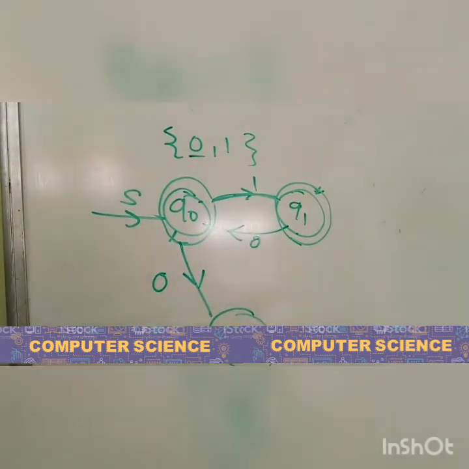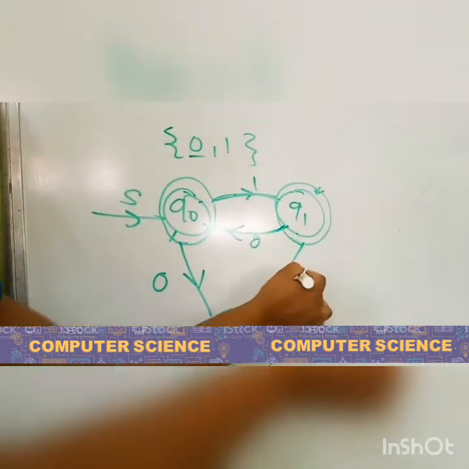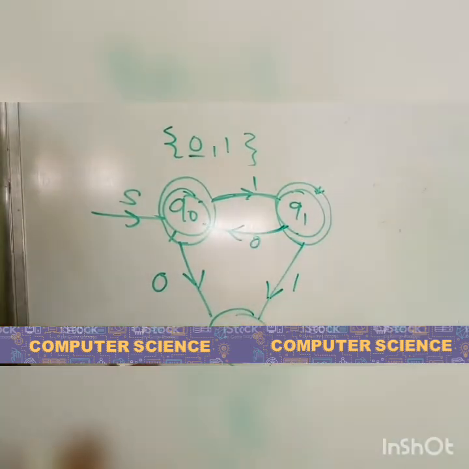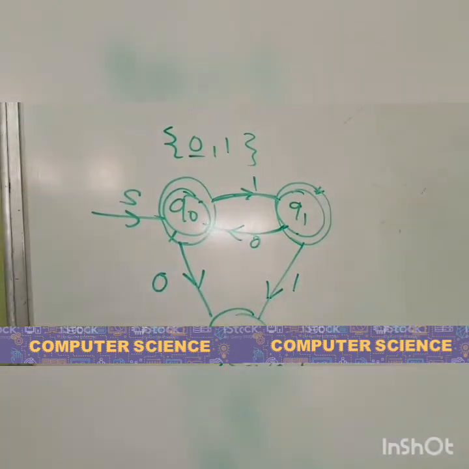Make it Q error, or you can call it Q2. And for the even state, transfer the 1 to this state, and the remaining 0 and 1 will be dropped to the same state.